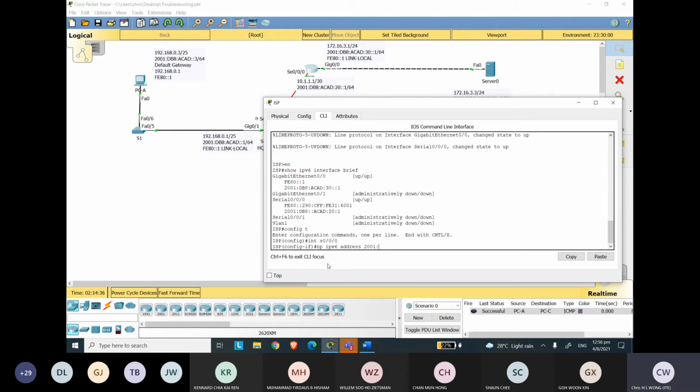I guess I copied already, isn't it? That's right. But you must make sure you put in 64. So you put your no wrongly. It's no problem.